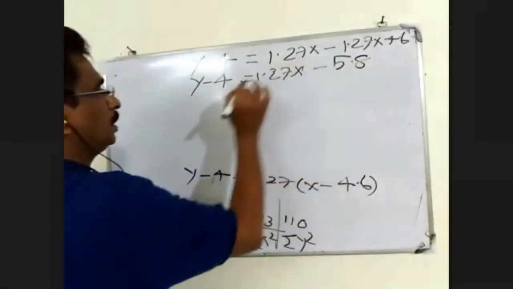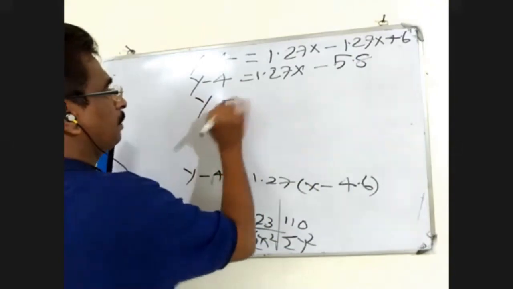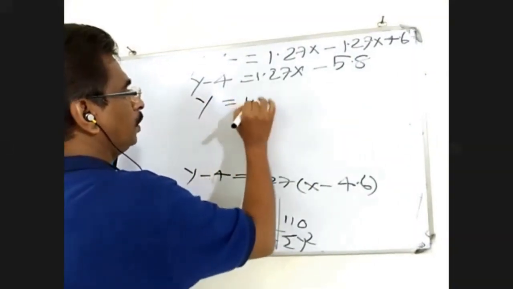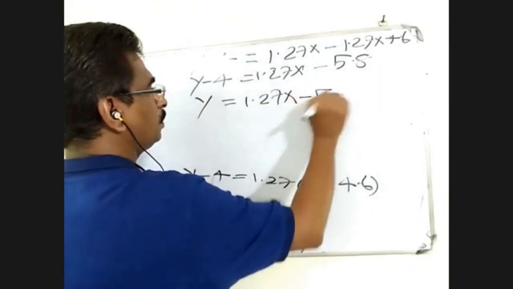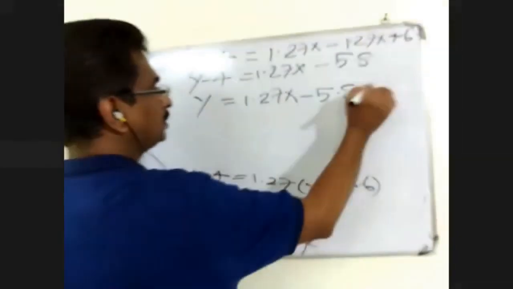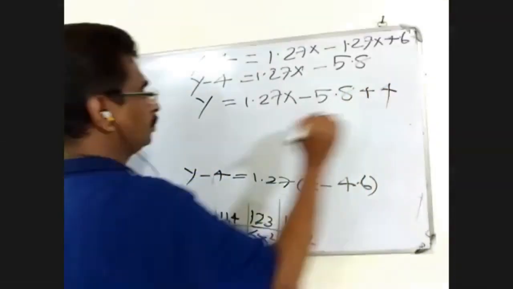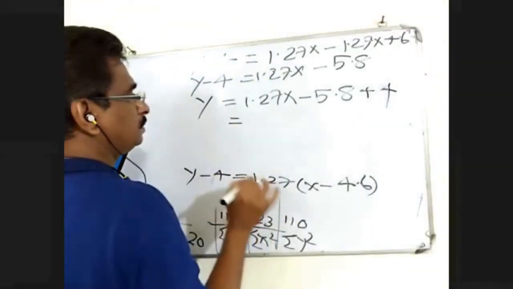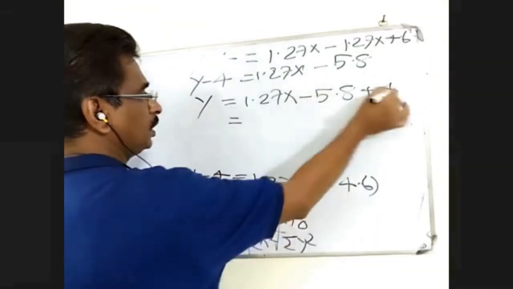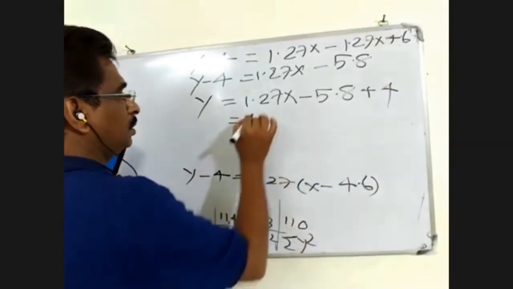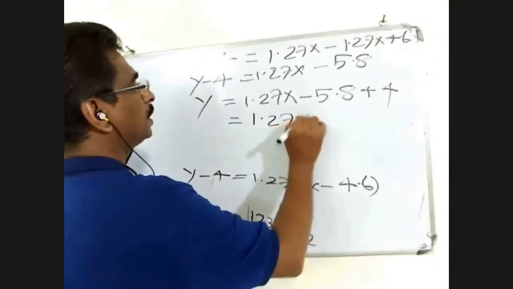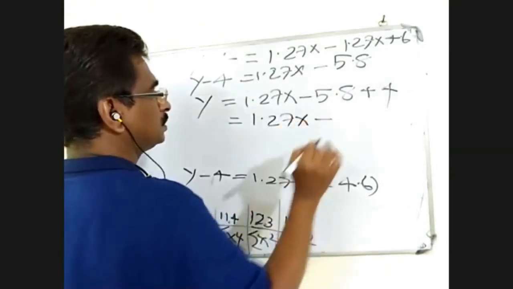Okay, y is equal to, because it is in a plus bx form, 1.27x minus 5.8. It will go to the right hand side, plus 4. What is the difference? So take the difference and put the negative sign. 1.27x minus what is the answer?